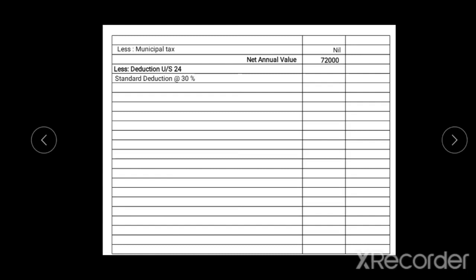What is fixed? That is deduction under section 24. 30% of net annual value is called standard deduction. This amount we have to reduce from net annual value. So we have to calculate 30% of 72,000. So the amount will come 21,600. Clear? Let's move further.